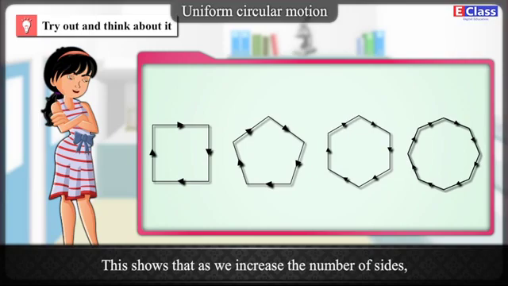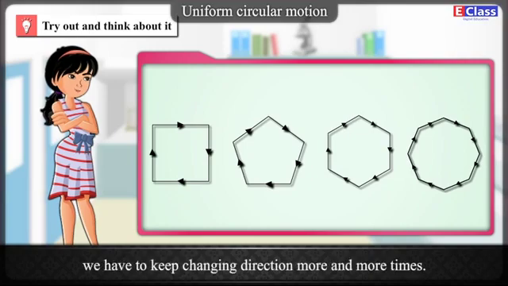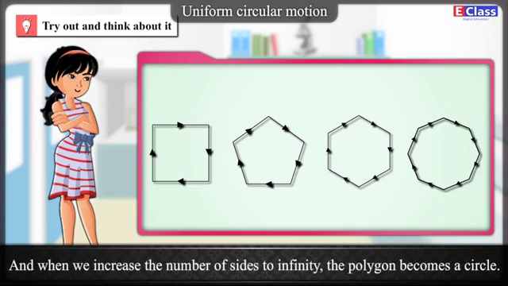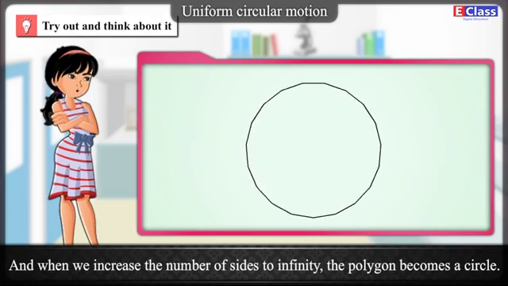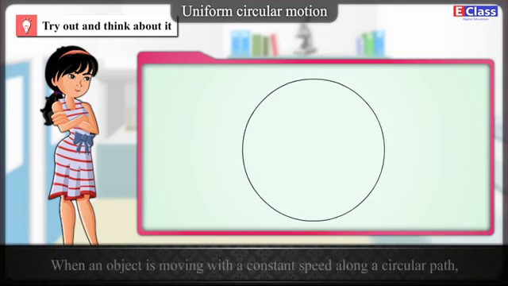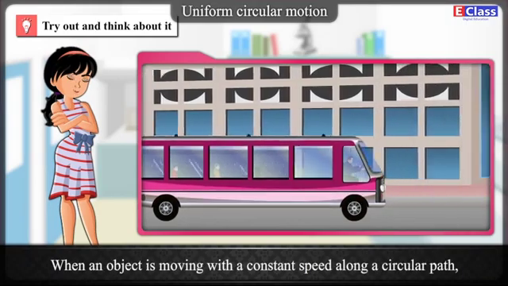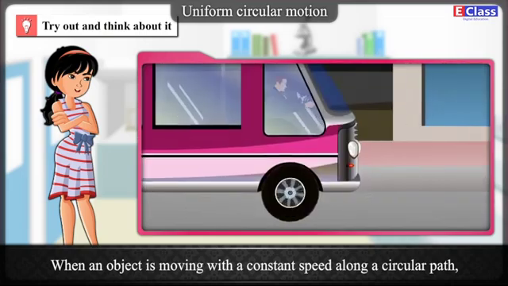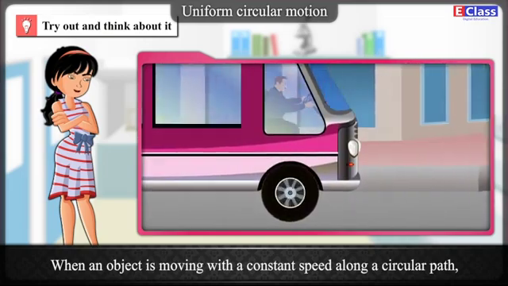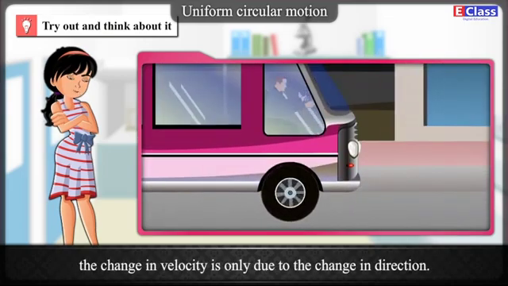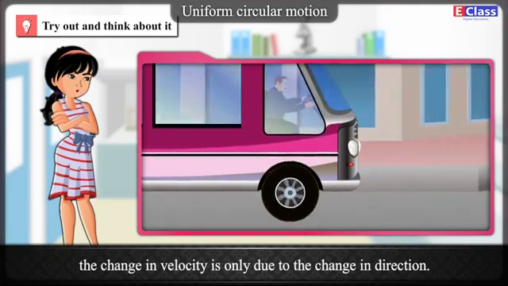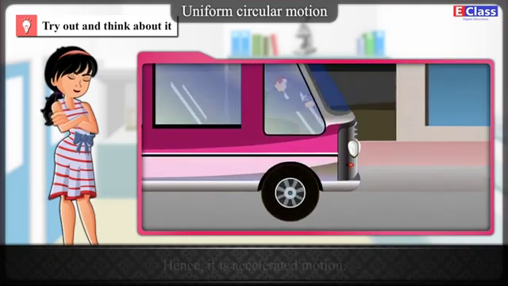This shows that as we increase the number of sides, we have to keep changing the direction more and more times. And when we increase the number of sides to infinity, the polygon becomes a circle. When an object is moving with a constant speed along a circular path, the change in velocity is only due to the change in direction.